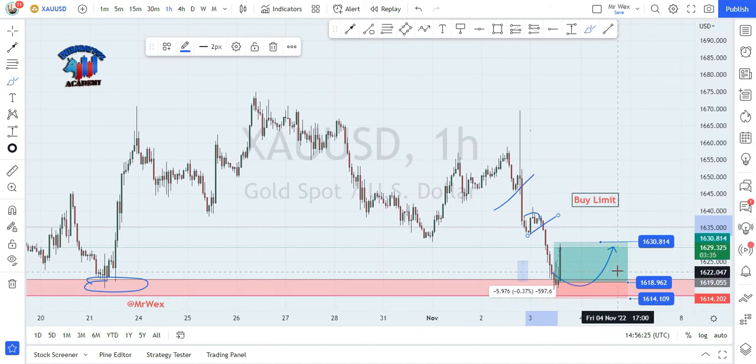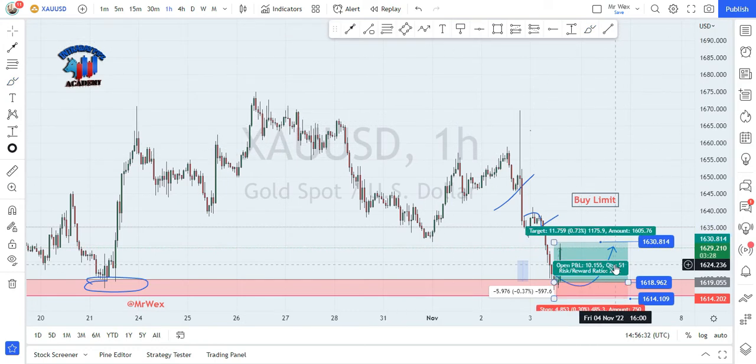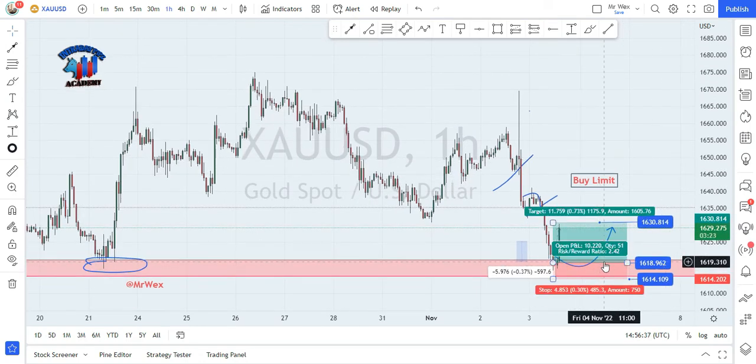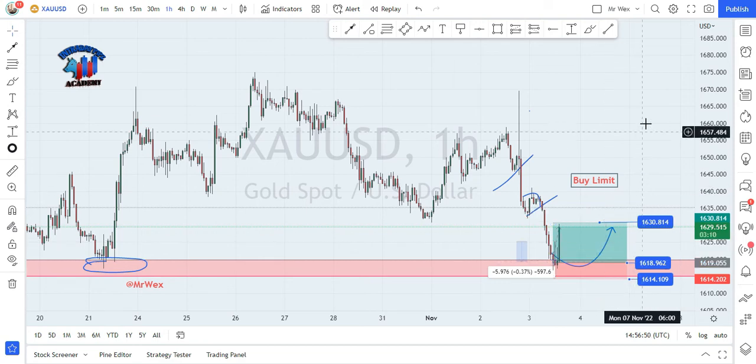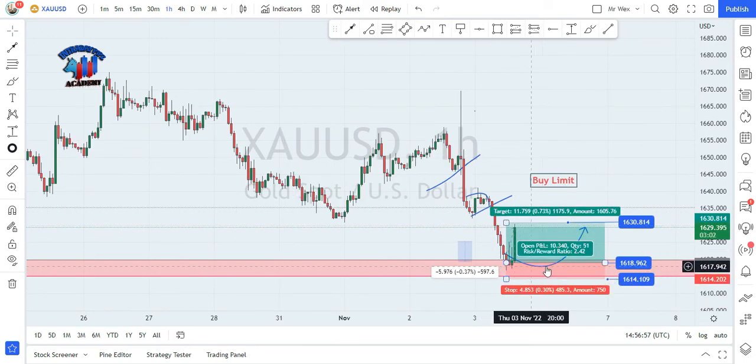This trade was a simple one, so let's look at how many pips we were going to risk. We're going to risk about 48.5 pips, going for 117 pips, over 1:2.1 risk to reward.